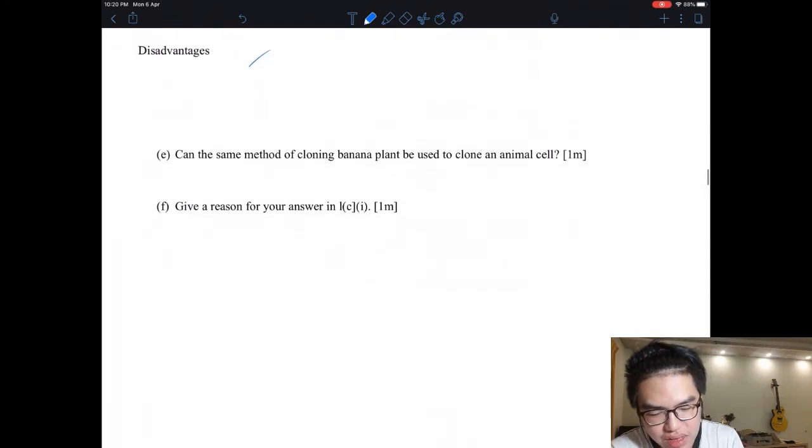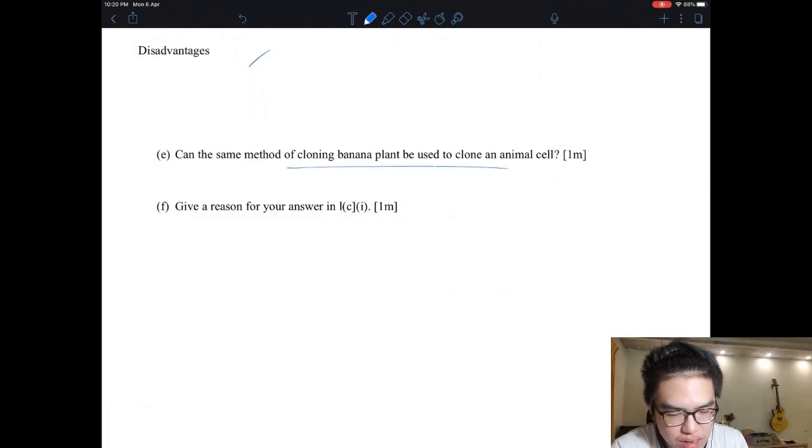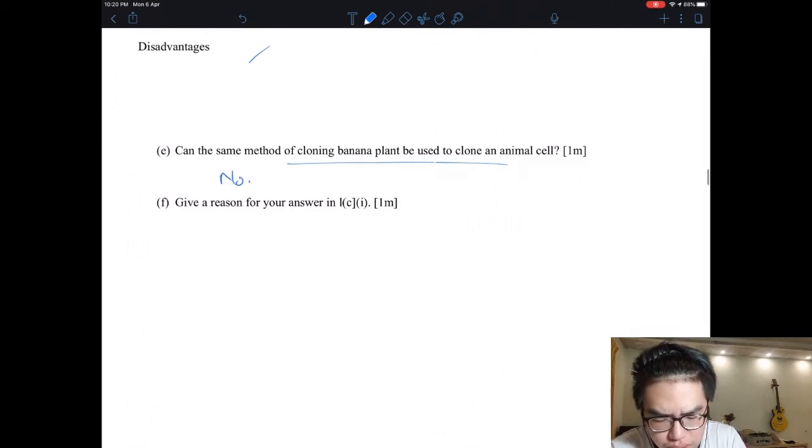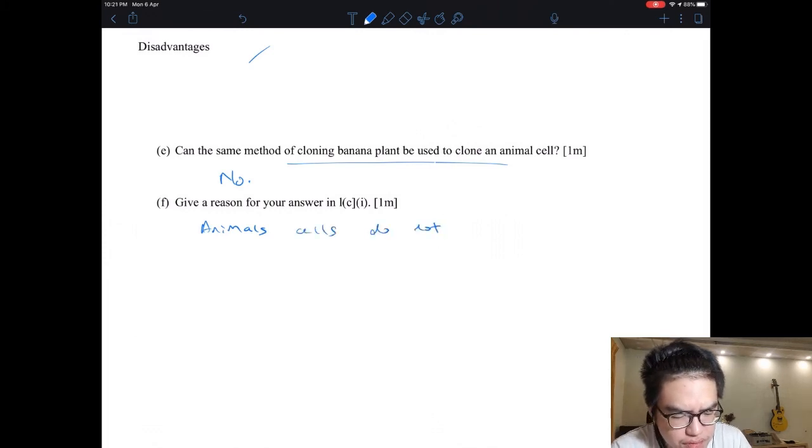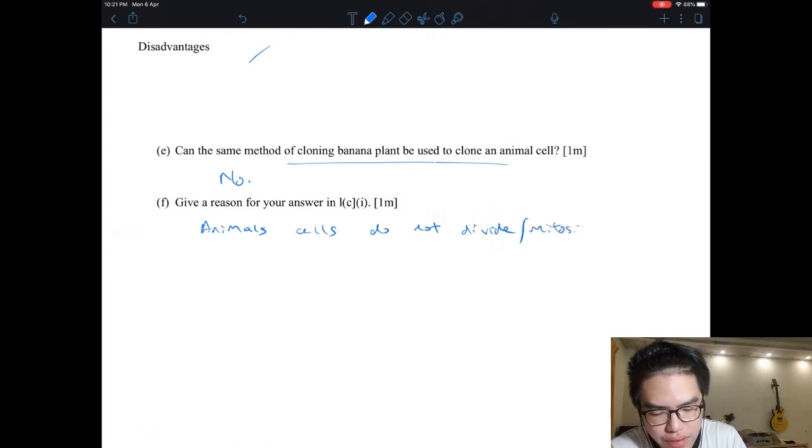Can the same method be used on animal cells? You might say no, because animal cells do not divide or do mitosis readily.